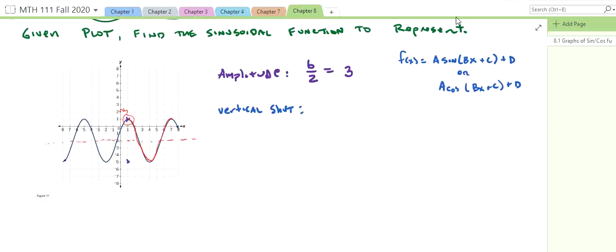Now if I use sine, that's a little more tricky to figure out the shift. I guess maybe here we could go here, but let's just stick with cosine. So it looks to me like our vertical shift then is 1.